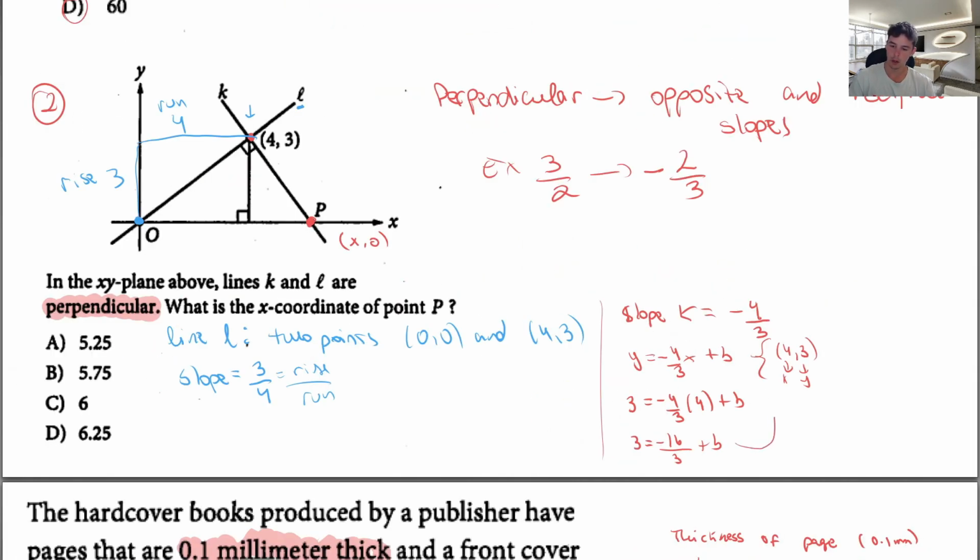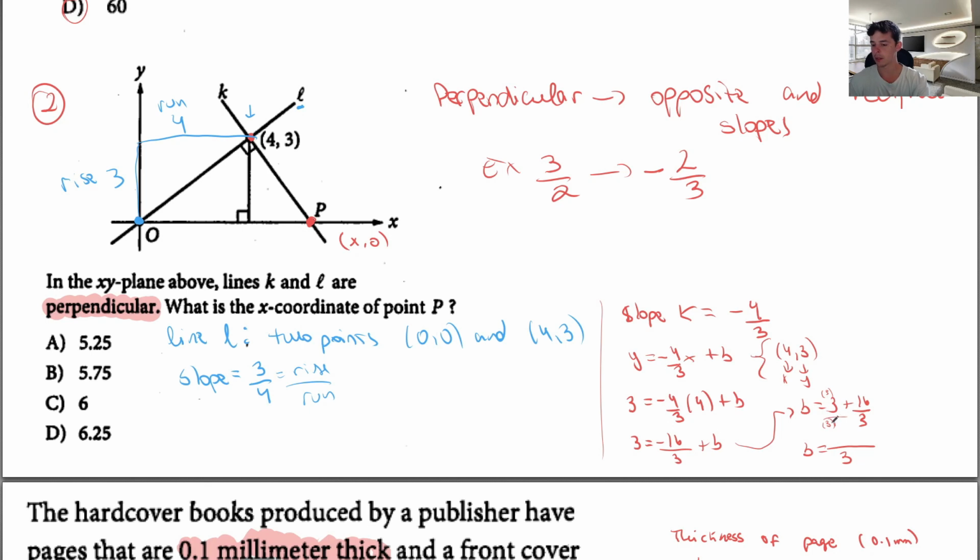3 equals negative 4 times 4, which is negative 16, divided by 3, plus b. So we can come in here. So b equals 3, adding 16 over 3 on both sides. Making both denominators the same, I multiply 3 by 3 because I'm making the denominators the same.